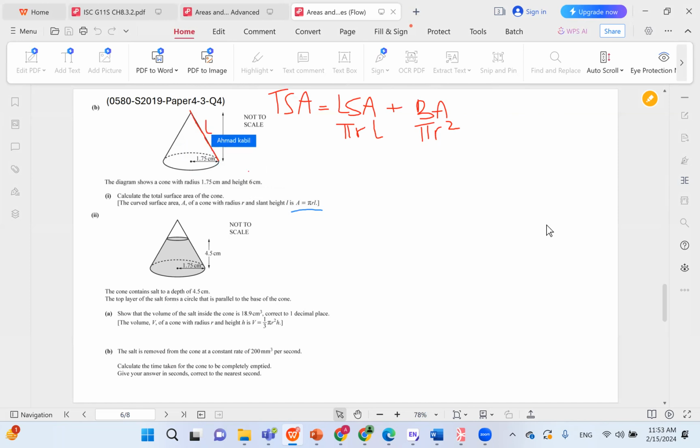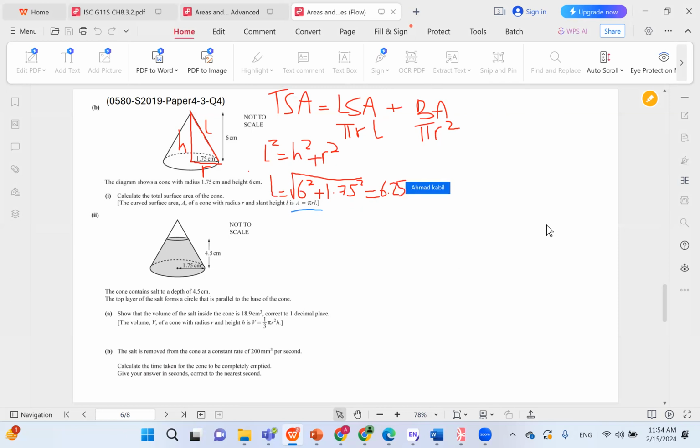This is L. And we are given this H here and this R. And we want to get L, so we use the Pythagorean theorem. L squared equals H squared plus R squared. So L equals root of 6 squared plus 1.75 squared. Use your calculator. You get 6.25.